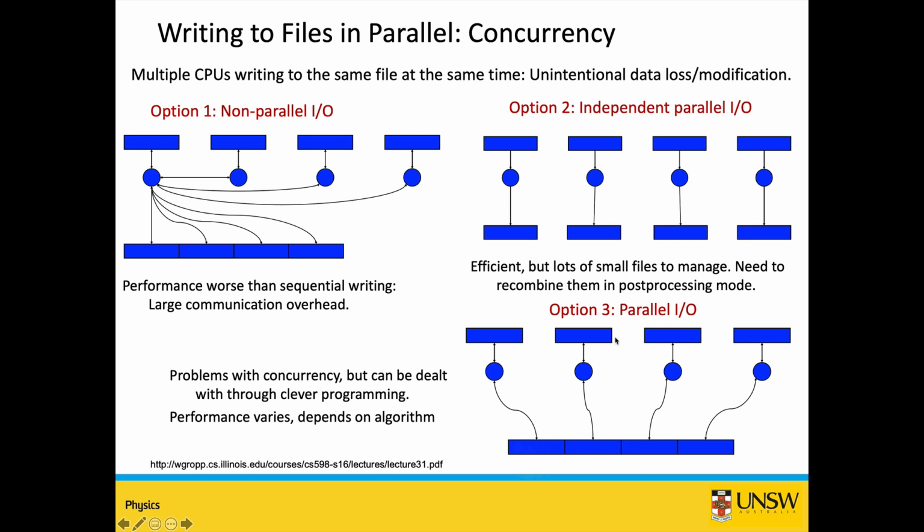And then you can forbid all the other processors to write in that same block. That means no two processors will be using the same block of memory, for example. This is just one scheme to get rid of concurrency. But ultimately, the performance of the system depends on your algorithm, how efficient it is, and whether it enables a very fast writing of the file.